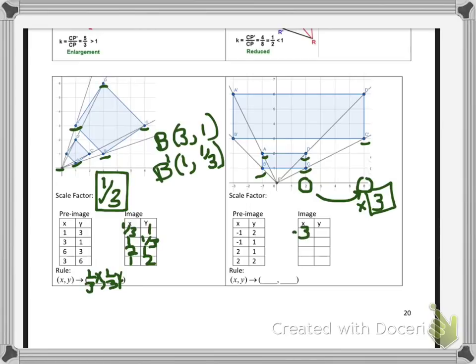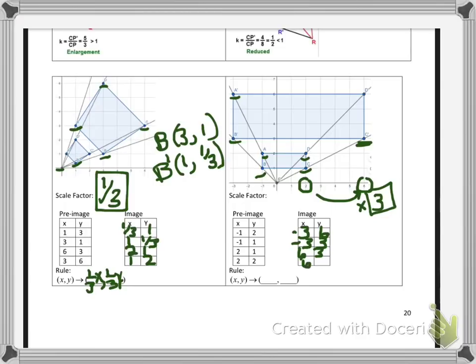-3, 6. Yep, that worked. -3, 3. Yep. 6, 3. Yep, there it is.